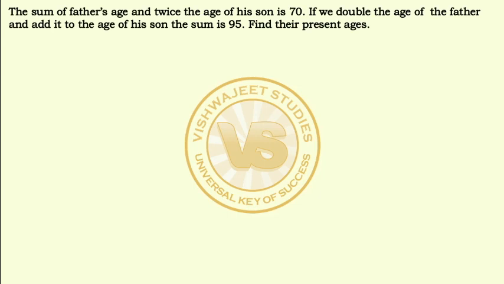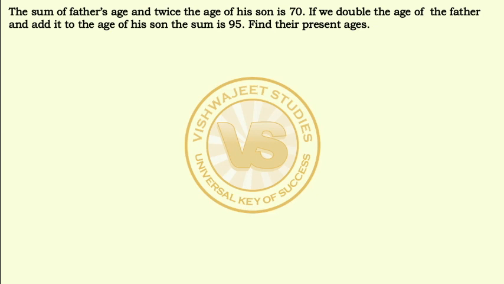Our next example: the sum of father's age and twice the age of his son is 70. If we double the age of the father and add it to the age of his son, the sum is 95. Find their present ages.